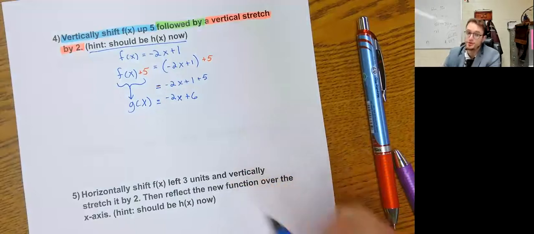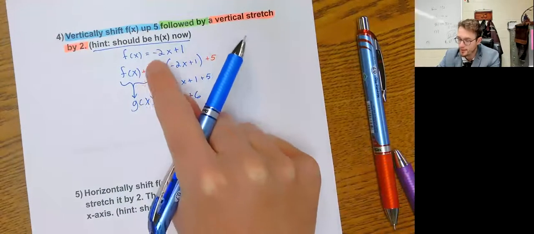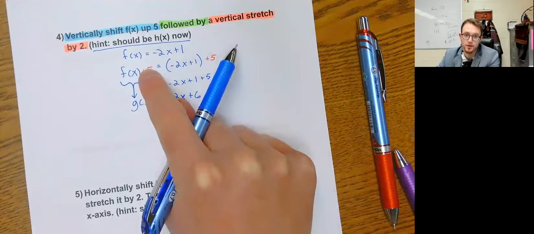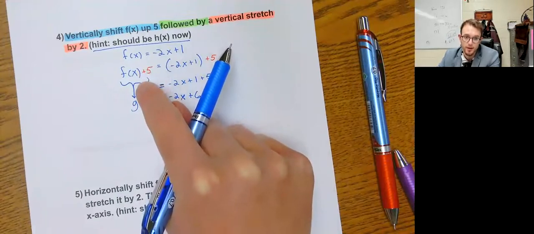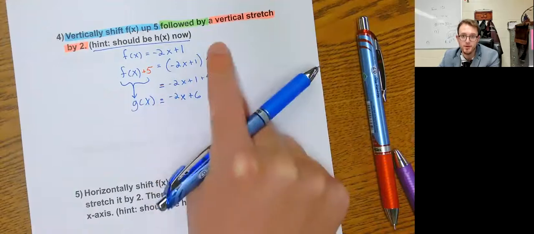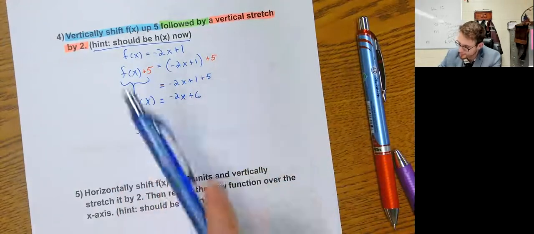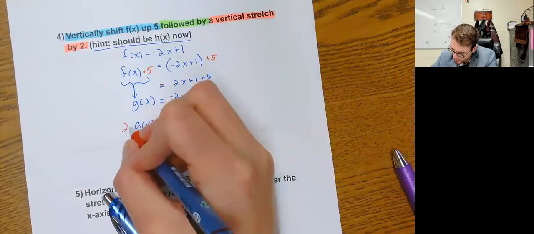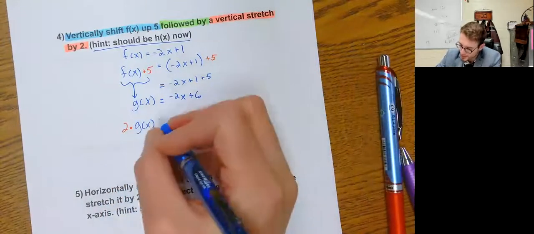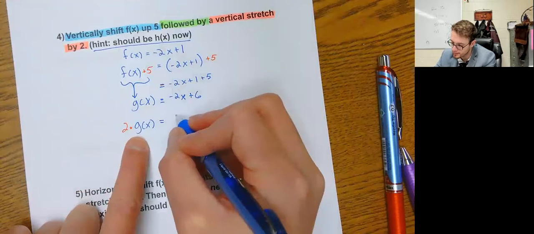But we now have to transform that, because we transformed f of x by vertically shifting it up 5, and we've gotten a new function, but now we're going to transform that function by vertically stretching it by 2. So we're going to multiply the whole function by 2.